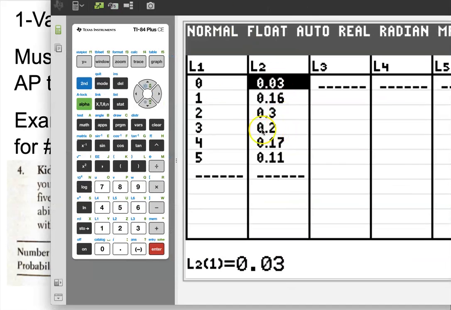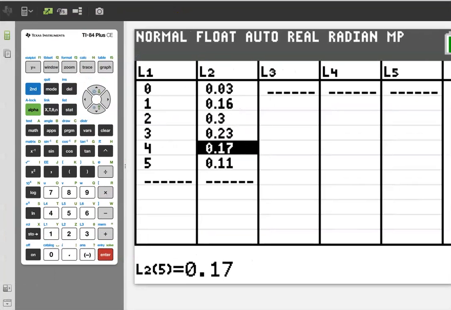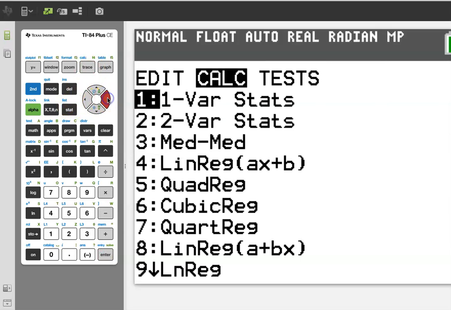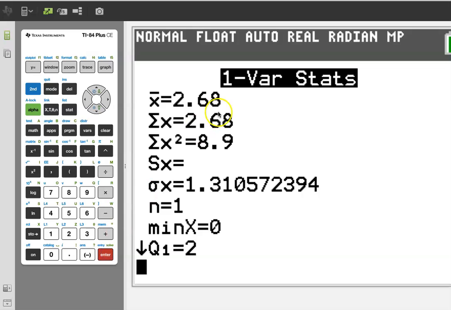I did. Right here, this should be 0.23. So you guys are probably screaming at your computer that, Miss McQueen, you missed it. Okay, so let's try that again. There we go. 2.68, 1.31. Okay, so now we're in business here.